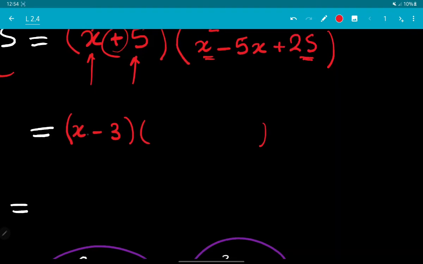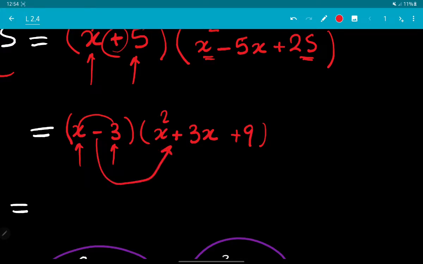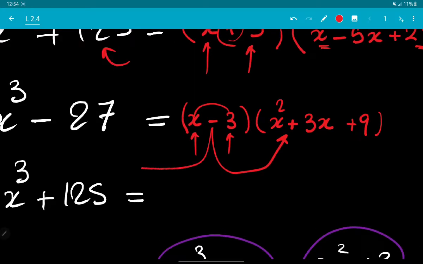To find the big bracket, multiply the first by itself, it will be x squared. Multiply the second by itself, it will be positive 9. And multiply them together, x multiplies 3, it's 3x. The sign is always different than the first bracket, which gets its bracket from the question.